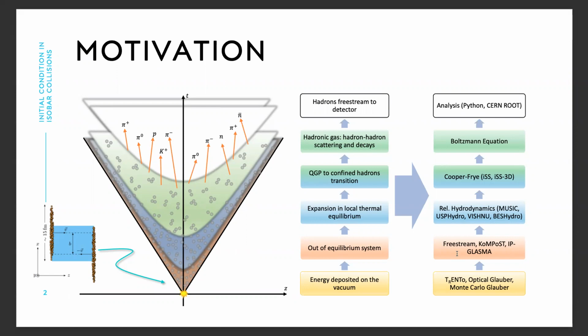So we usually include a pre-equilibrium phase. Each one has different implementations, competing models for this out of equilibrium phase. The system expands, it thermalizes, or rather it hits local thermal equilibrium, and this is what people usually use hydro for.